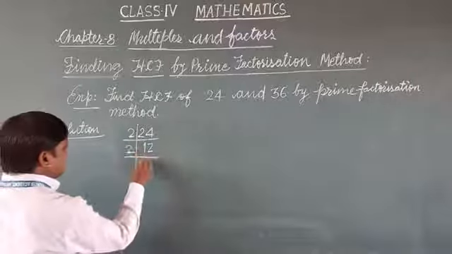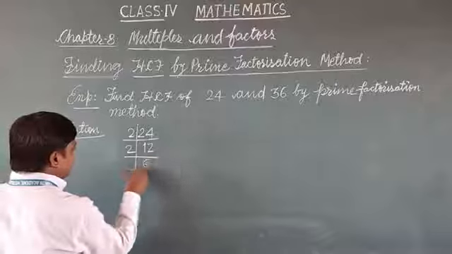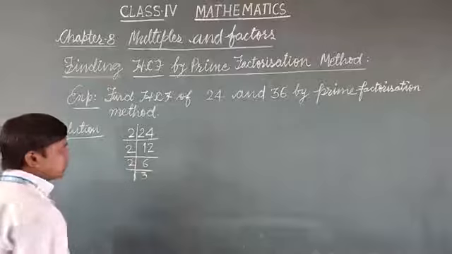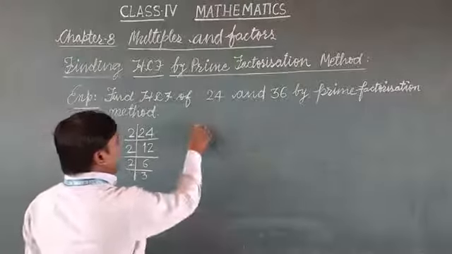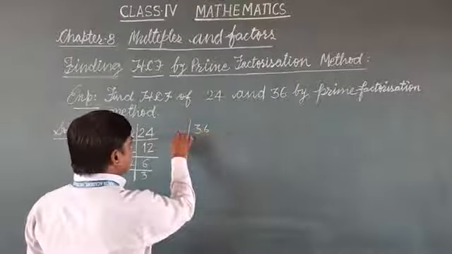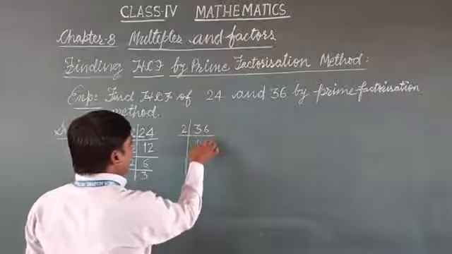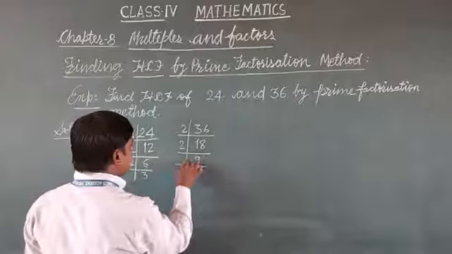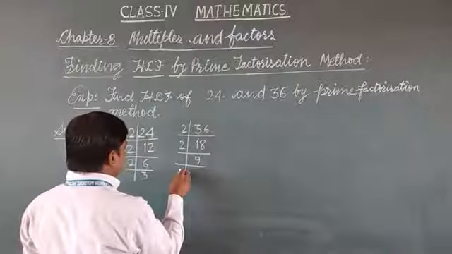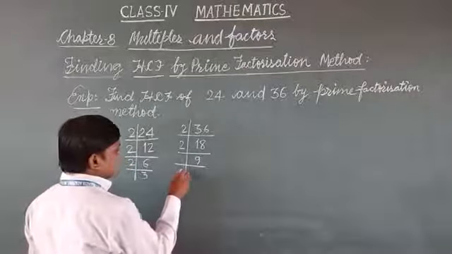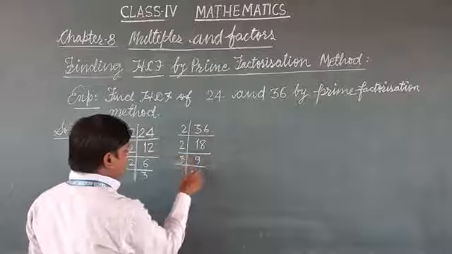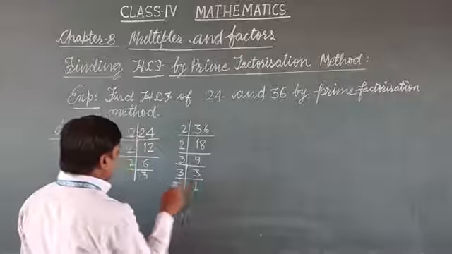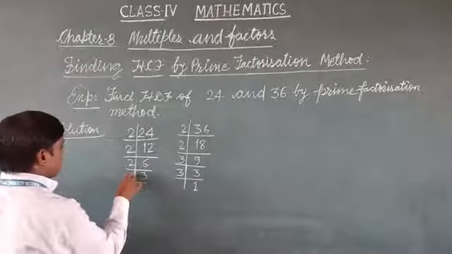It will be also divided by 2, 6 will come, again 3 will come. Now we will write for 36: 18, 9, then 3, here also we will write one more time.